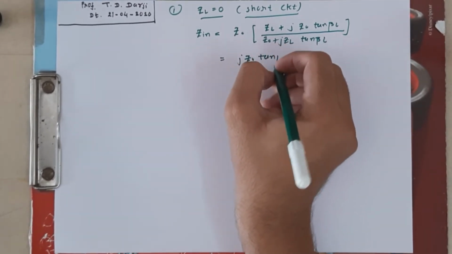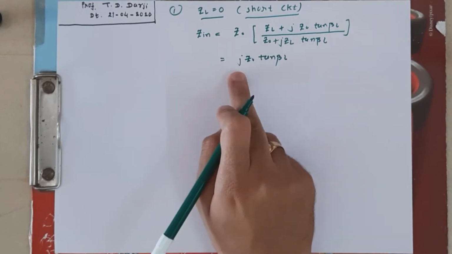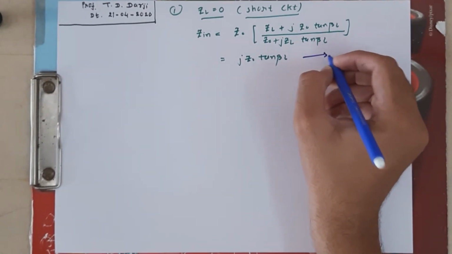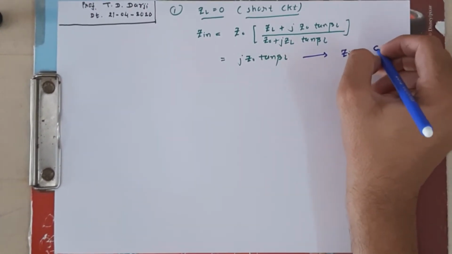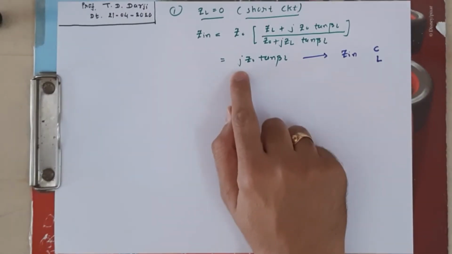jZ0 tan beta L. Here the input impedance contains only an imaginary part. That means this input impedance may be capacitive or inductive, because the imaginary term is present.